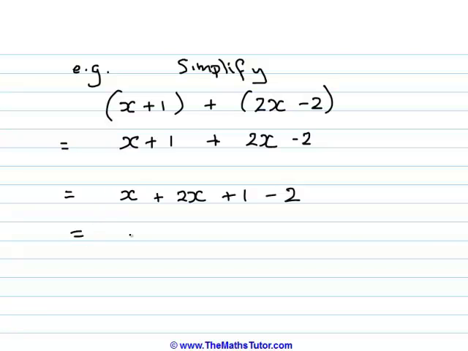That's the same as 1x plus 2x plus 1 minus 2. So 1x plus 2x is 3x, plus 1 minus 2 is minus 1. So our original expression has been simplified to become 3x minus 1.